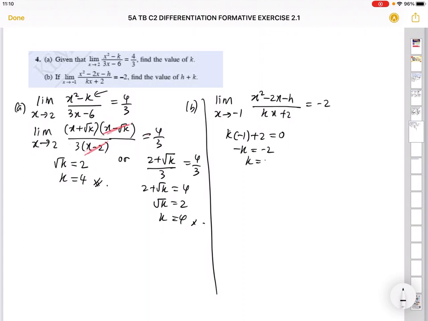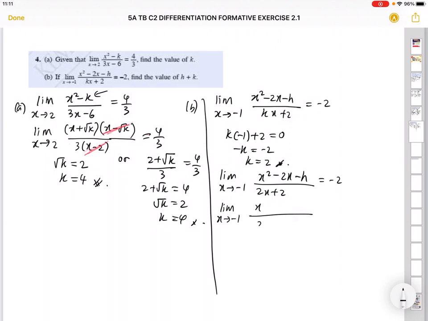Okay, how about h? If I know k is 2, we can now substitute. Let me put it this way: x squared minus 2x minus h over 2x plus 2, and this limit is -2. So I know I can factorize the denominator. When you factorize the denominator, okay, this is the difficult part, I will have 2 times x plus 1.